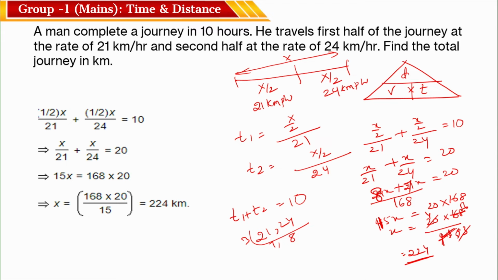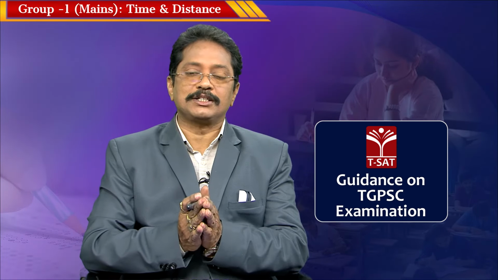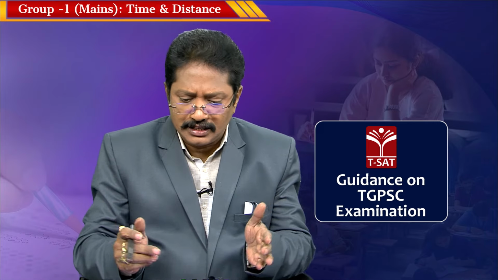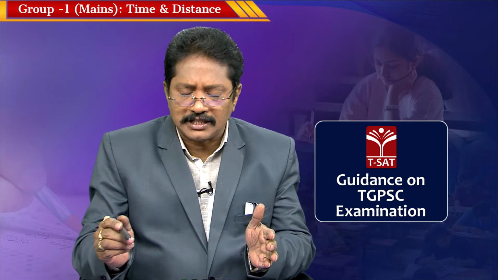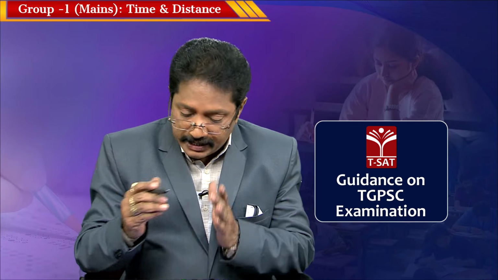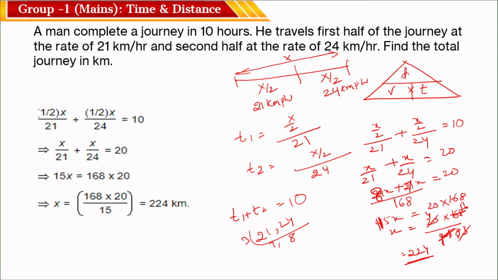Is it clear? When you prepare the solution in a diagrammatic mode, then it is easy. Otherwise, you feel a little bit of difficulty. So, what is the given information? The total distance: half of the distance is travelled at 21 kilometers per hour, and the remaining half at 24 kilometers per hour. So say the half of the distance is travelled in T1 hours and the remaining half in T2 hours.